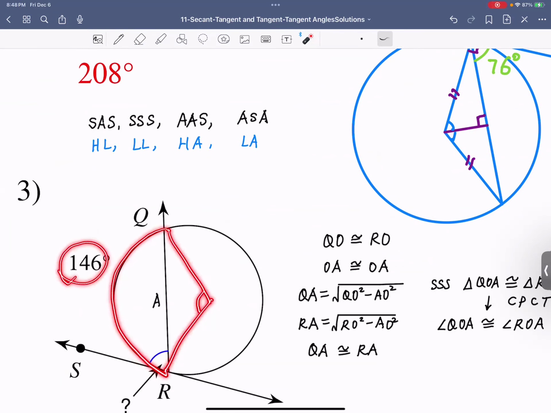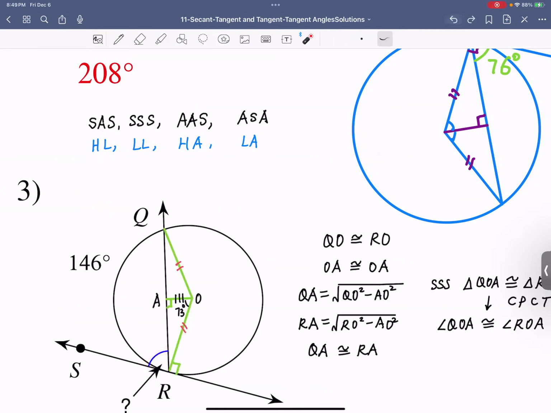So this is 146. And how much will this be? Look at your notes. We just learned this. 73. Good. Thank you. Very good.